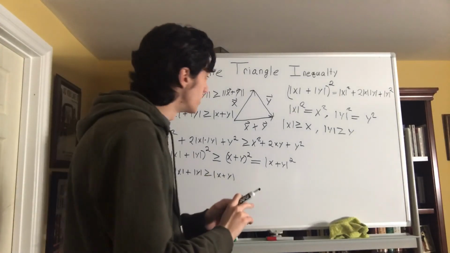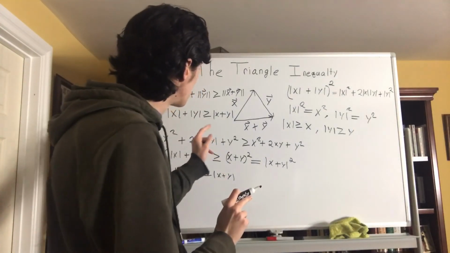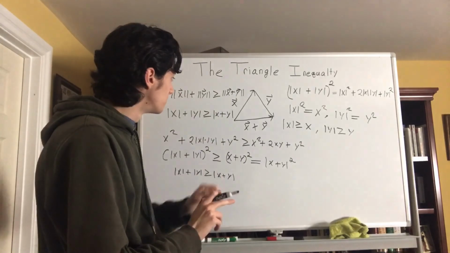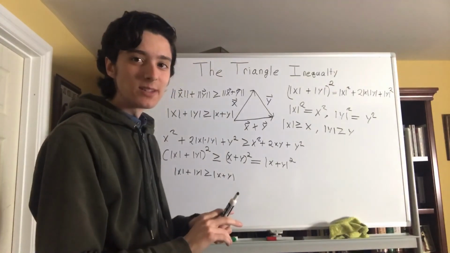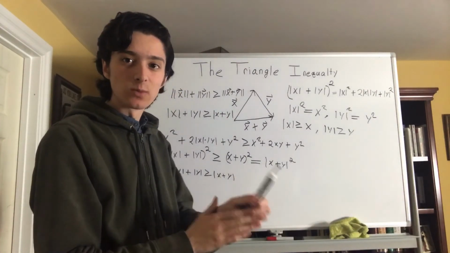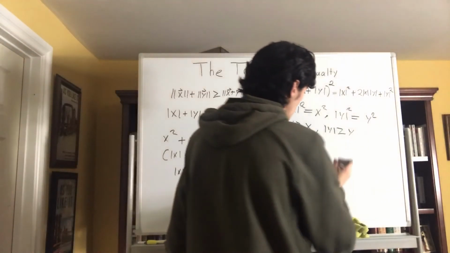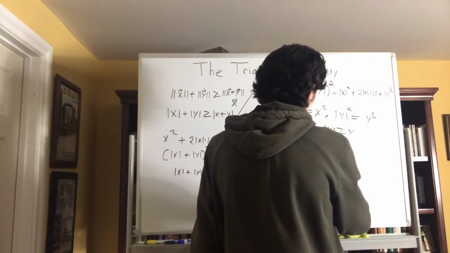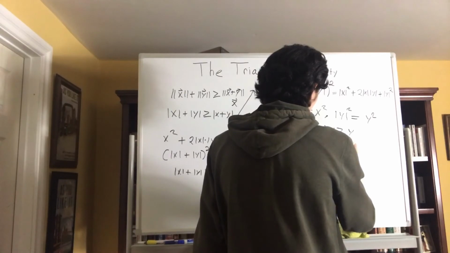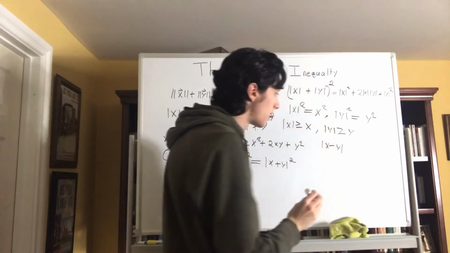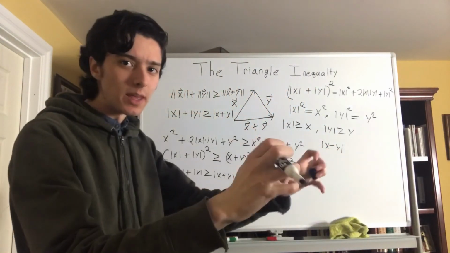What if, instead of the absolute value of x plus y, we had the absolute value of x minus y? How does that relate if we were to split them up?